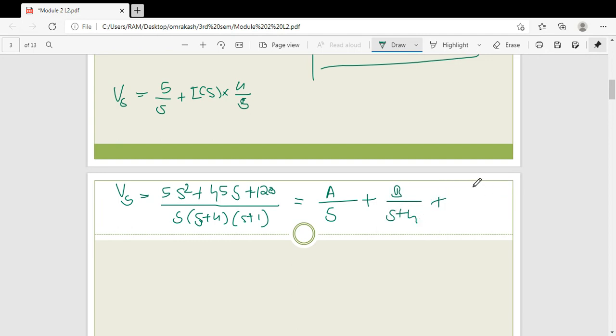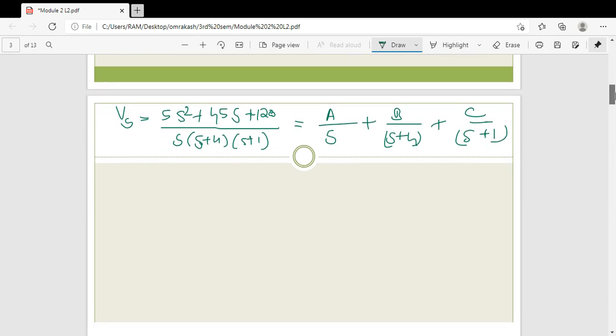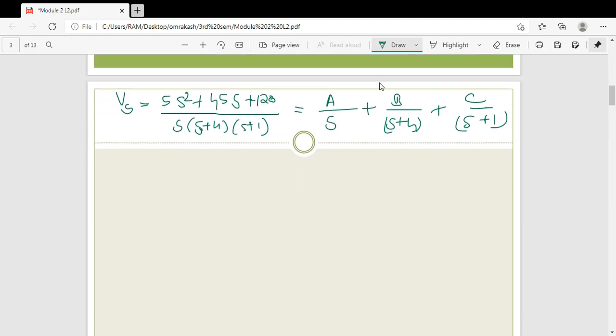Plus C by S plus 1. So now you need to find out these variables A, B, C and put those values in this equation and take the Laplace inverse transform. Then when you take the Laplace inverse transform, you will find the Vs in terms of t. So that's the equation which is asked in our question.